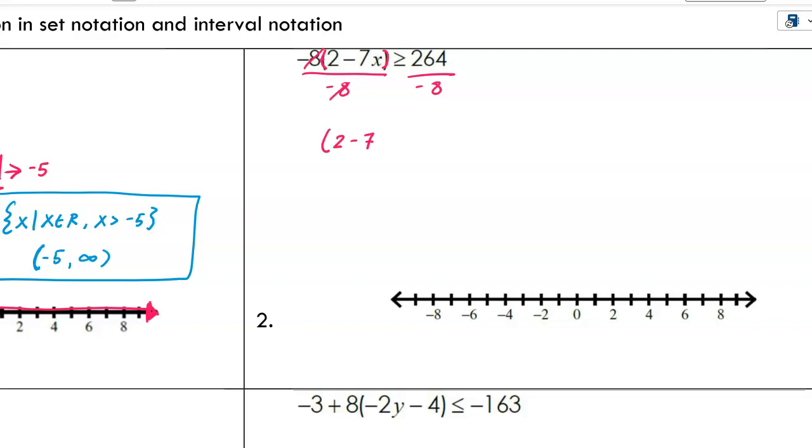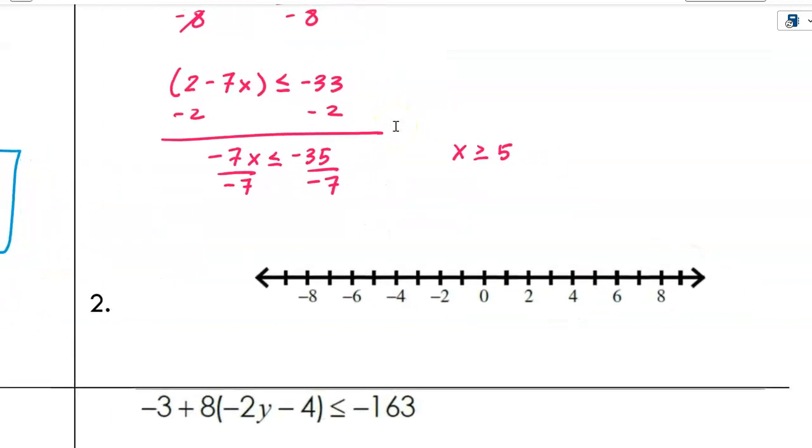So I get 2 minus 7x, U-turn on the inequality sign, 264. 264 divided by 8 is 33. -33, and then subtract 2, -7x less than or equal to -35. Divide both sides by -7, and you get x is greater than or equal to 5.